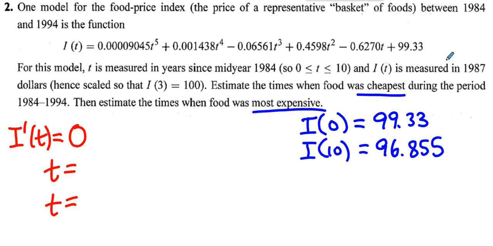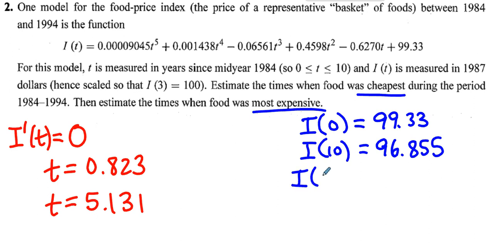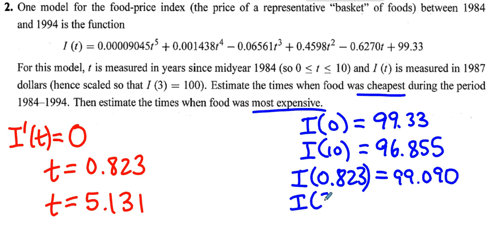We set it equal to 0. There are two values of t in the interval that we worry about. It's those two, and it turns out that those y values are those.